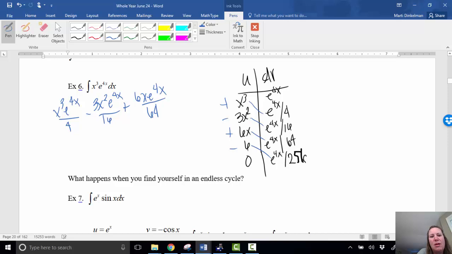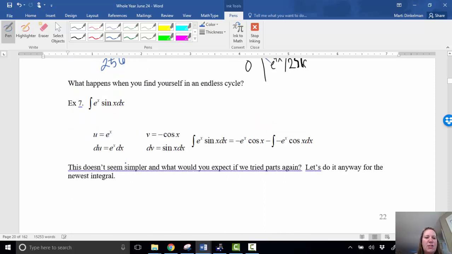Clearly, we could simplify that one if we wanted. And then negative 6 e to the 4x divided by 256. Okay. So sometimes, this example 7, the last one, we find ourselves in an endless cycle. So I kind of set this one up already.